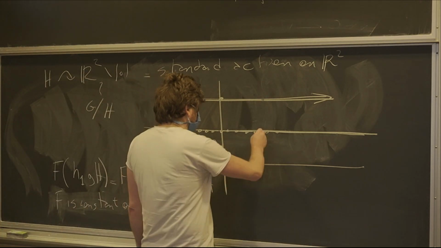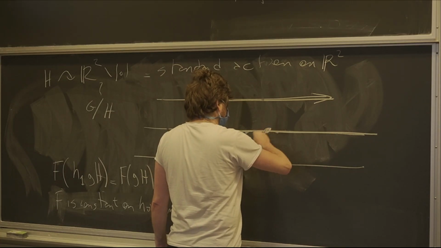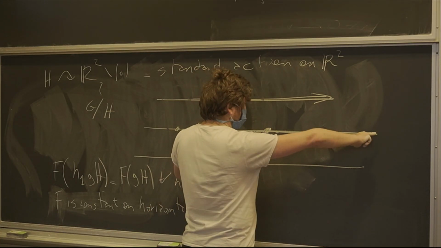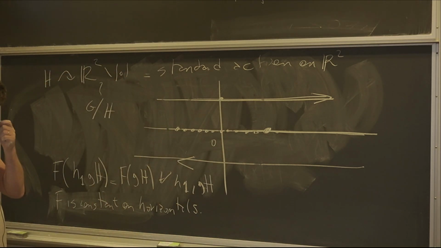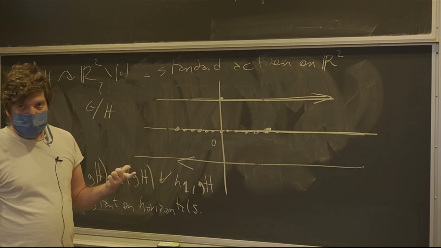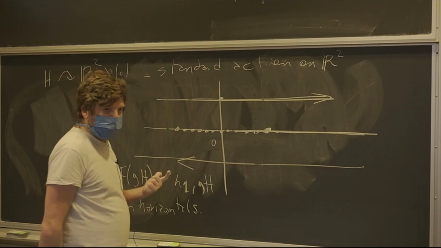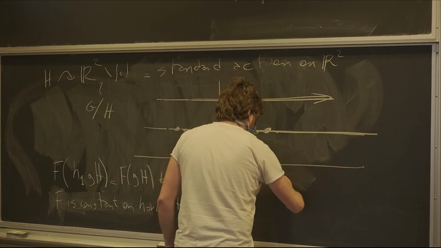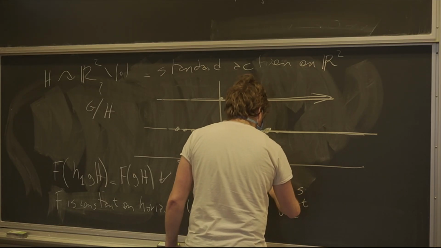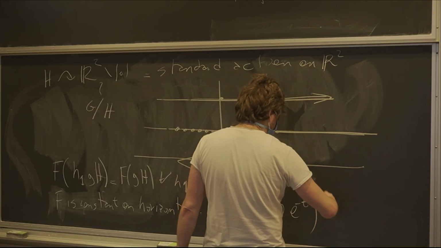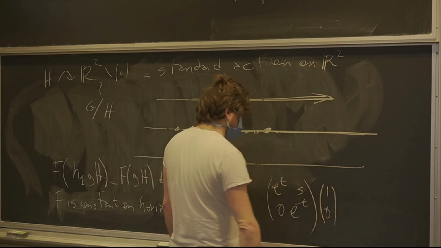So what are these vectors here? These vectors here are exactly the diagonal vectors. Okay, the vectors coming from e^t, e^(-t), 0, s applying to (1, 0).